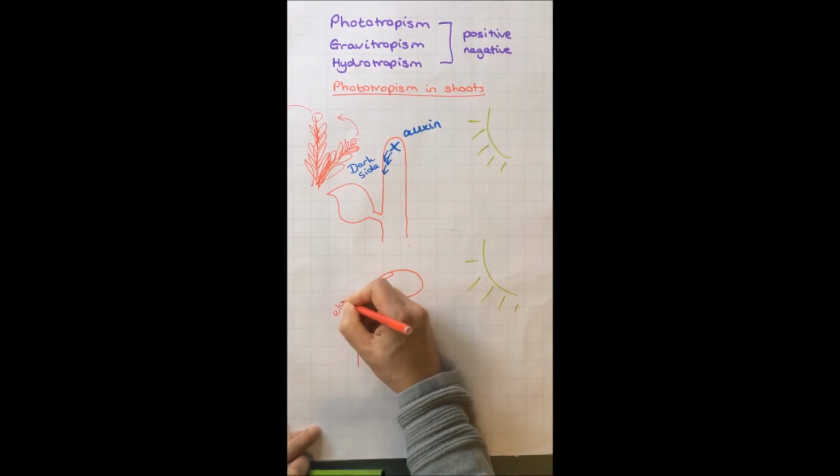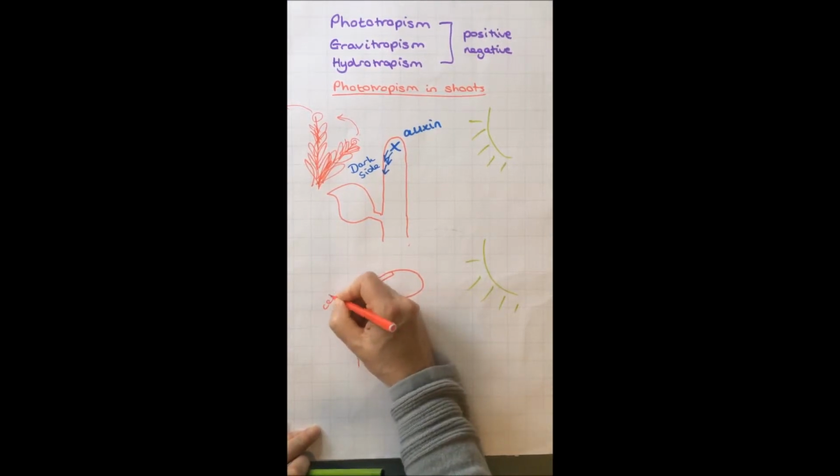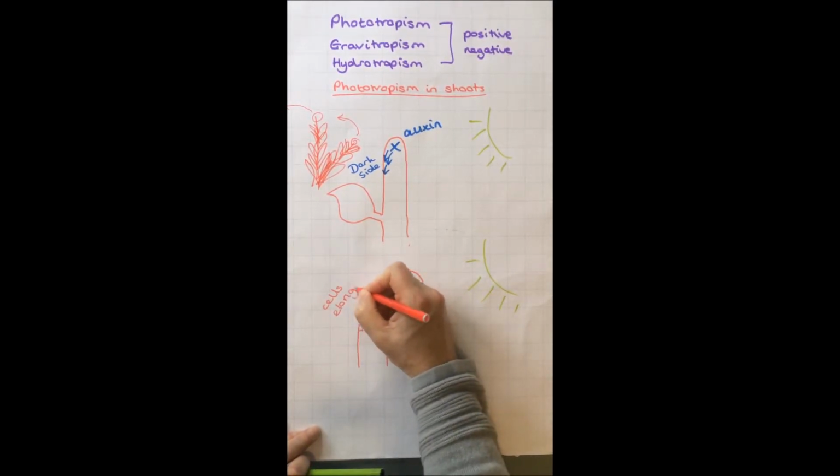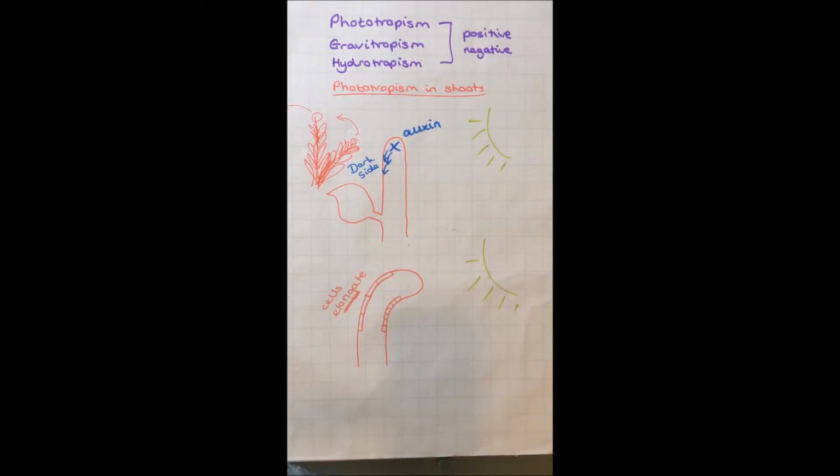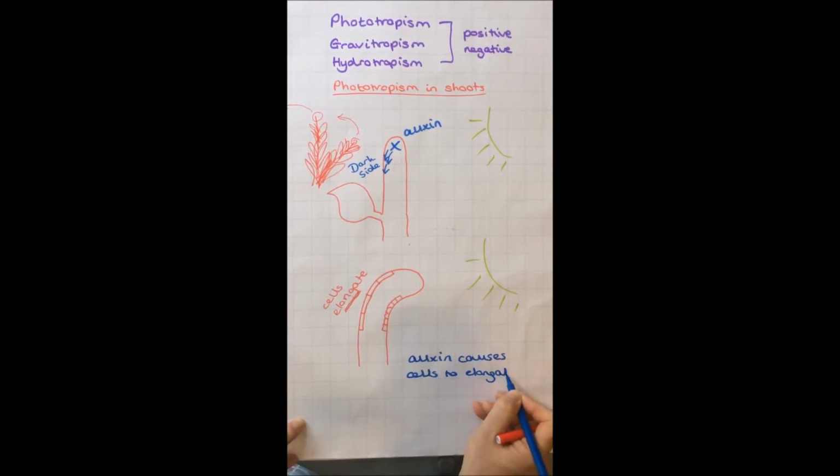So the cells elongate, so they get longer. Okay, so the auxin causes those cells to elongate. And that's the principle behind phototropism in shoots.